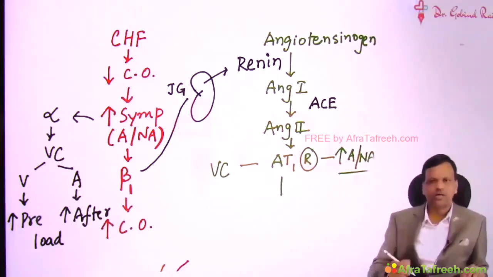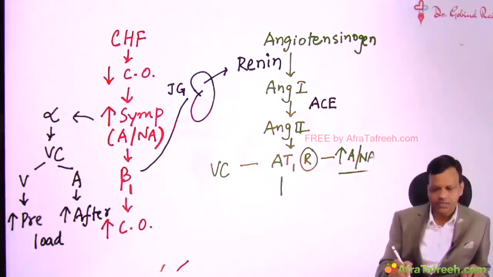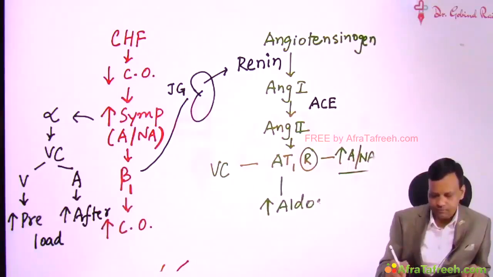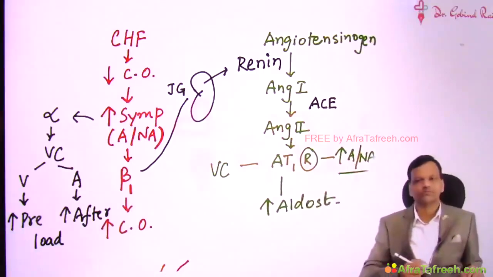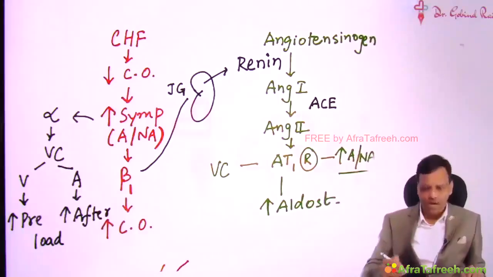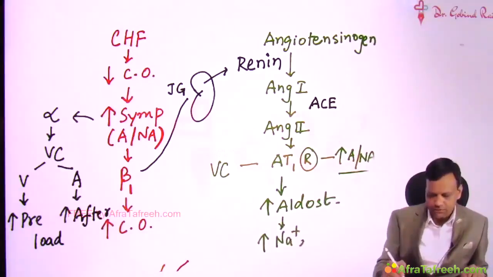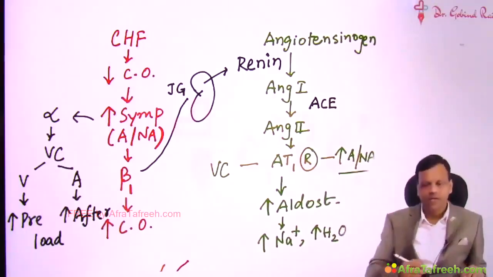And third and most important thing is AT1 receptors are present in the adrenal cortex where they secrete aldosterone. So AT1 receptor will result in release of aldosterone. And we know the function of aldosterone is to increase sodium and water retention. So aldosterone causes retention of sodium and water.